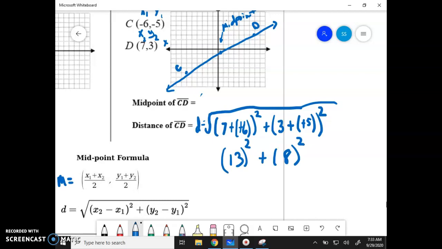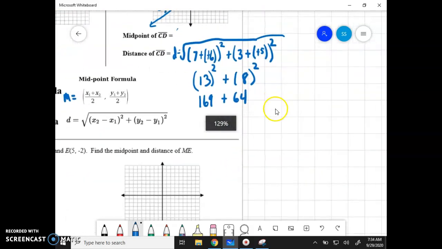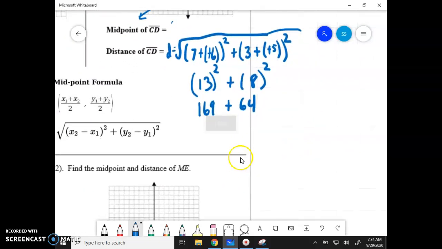All right, and now we go ahead and square these. 13 squared is 169, plus 64. And then now we add them together. Okay, so 169 plus 64 is 233.